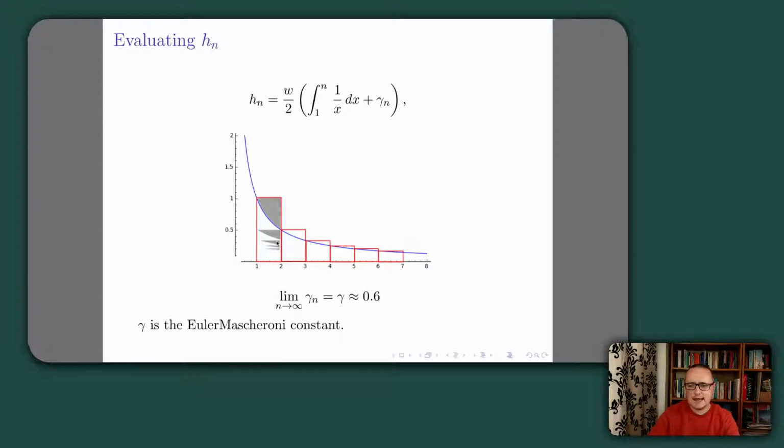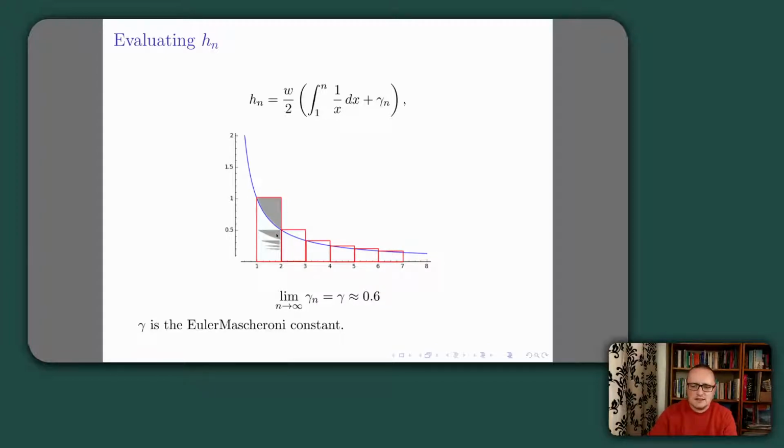Now the thing about gamma n is, in the limit, it's actually a finite number, because all these extra gray regions protruding above the graph 1 over x, if you imagine sliding them all, parallel transporting them all to the left, they'll all fit inside this first block. And they don't overlap with one another, because the curve 1 over x is strictly decreasing.